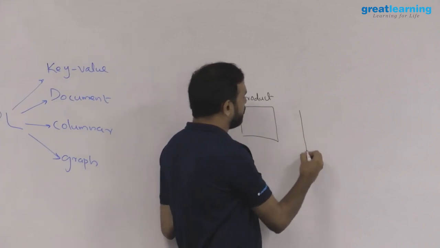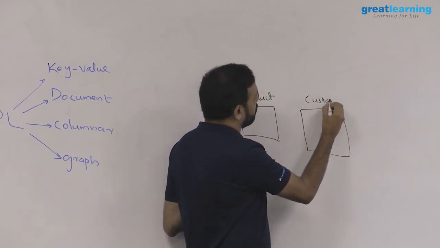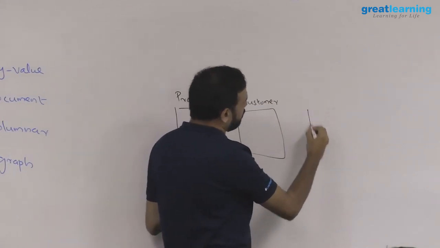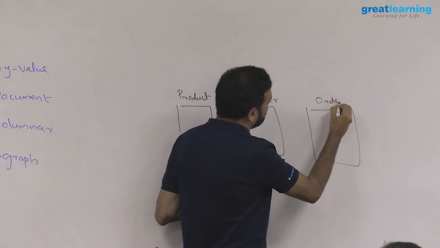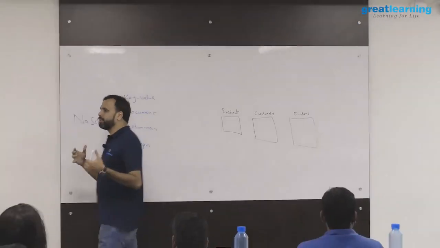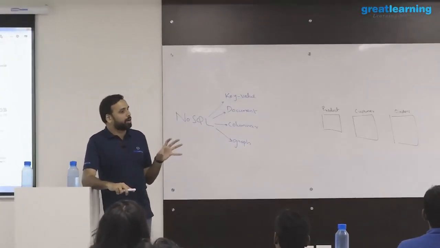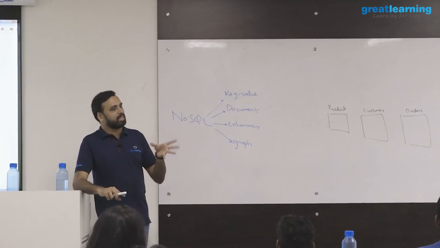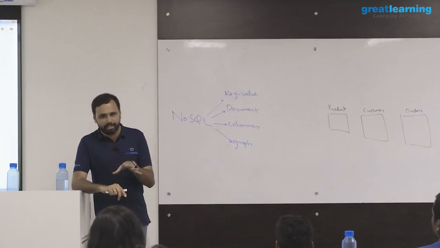Then there will be a customer table, right? Then there will be an orders table, correct? Whenever you define your schema in the RDBMS world, you always do what? Normalization or denormalization? Normalization, yeah, depends. But normally you will normalize it, right?